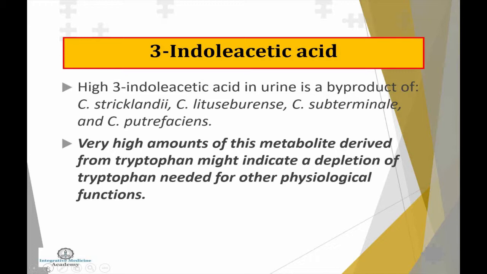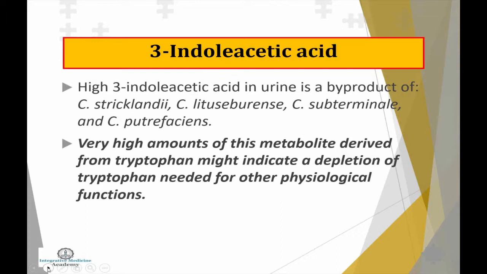A deficiency of tryptophan can lead to a deficiency of serotonin, but also could lead to very low levels of something called quinolinic acid, which I'll point out shortly. But again, this is not a marker that you will see all that commonly.